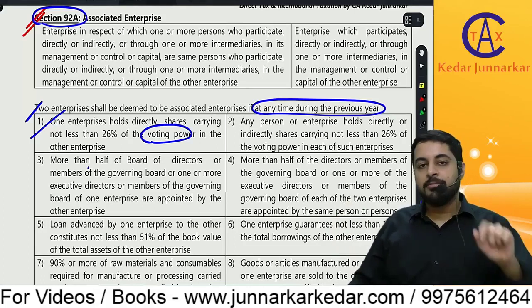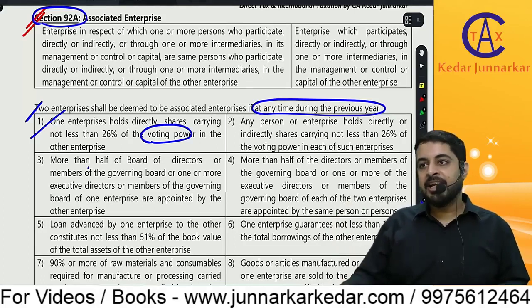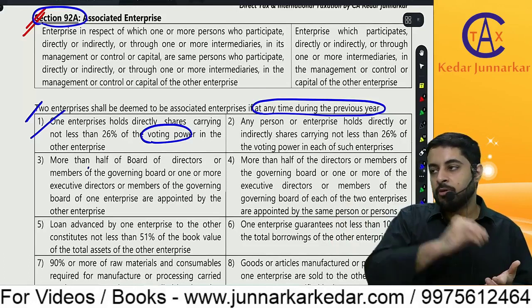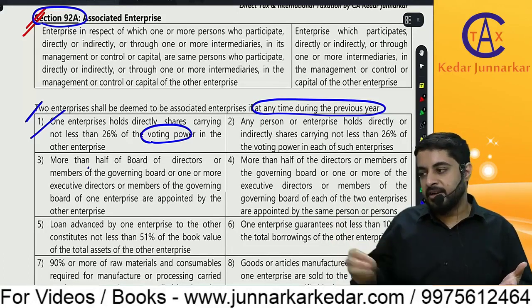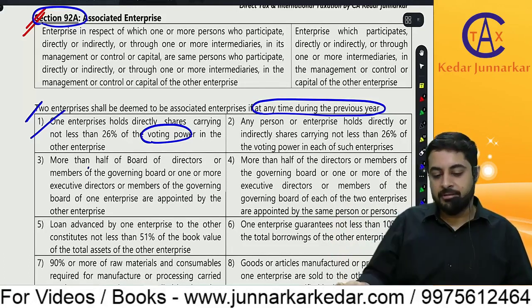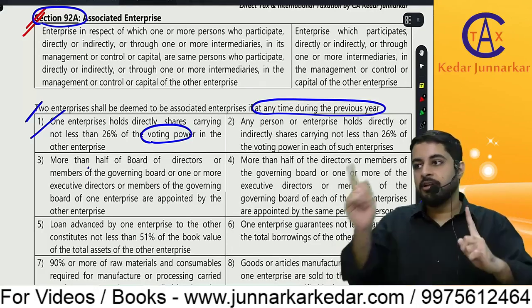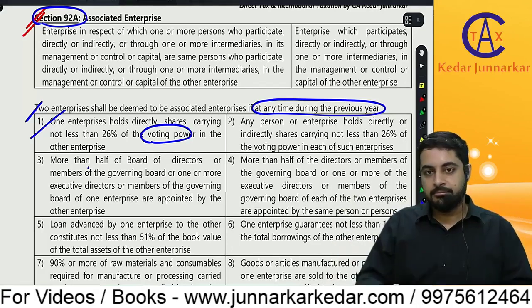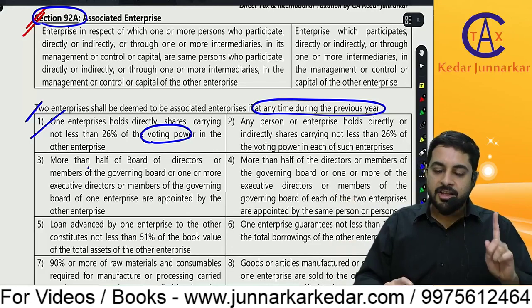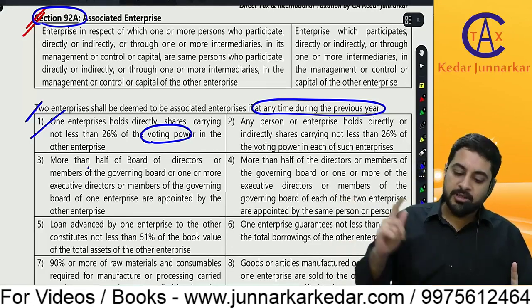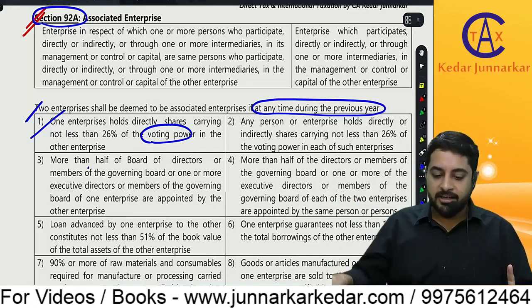Now out of that, one should be non-resident. So either an Indian enterprise owns in a foreign enterprise 26% or more, or vice versa. It's not that only Indian should hold in foreign or foreign should hold in Indian. Correct. So this is one company holding 26% or more of the voting power of the other enterprise.